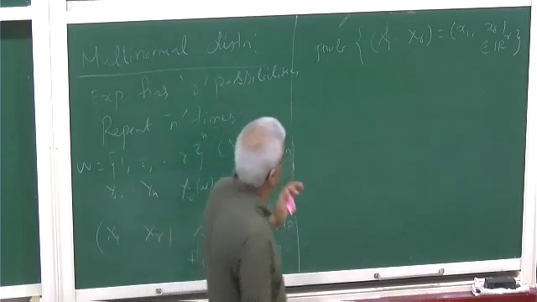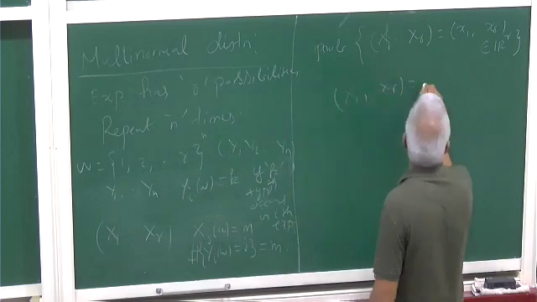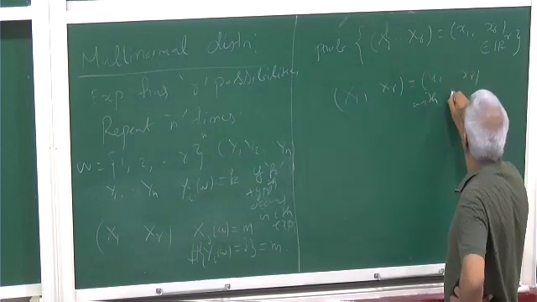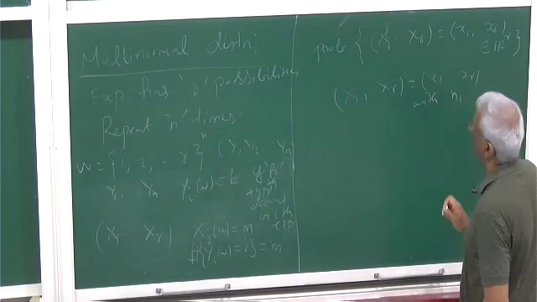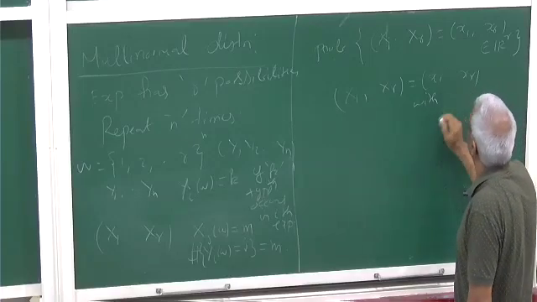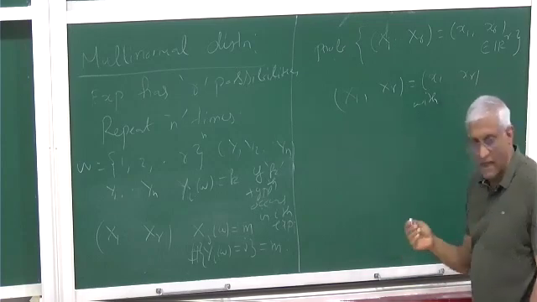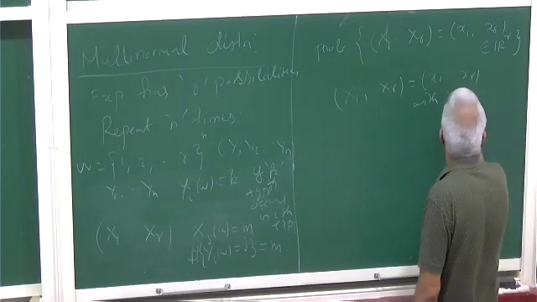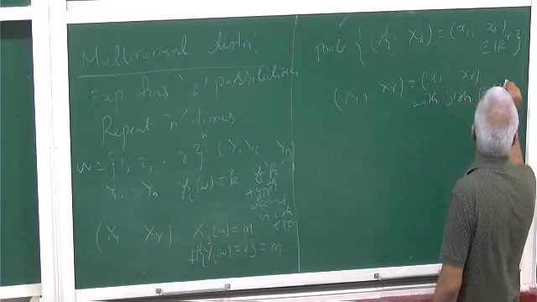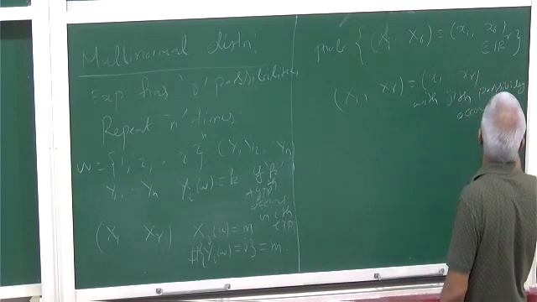If you fix X_1 up to X_r equal to some particular pattern, where the first possibility occurs n_1 times, and the jth possibility, whatever that possibility is, occurs some n_j times.